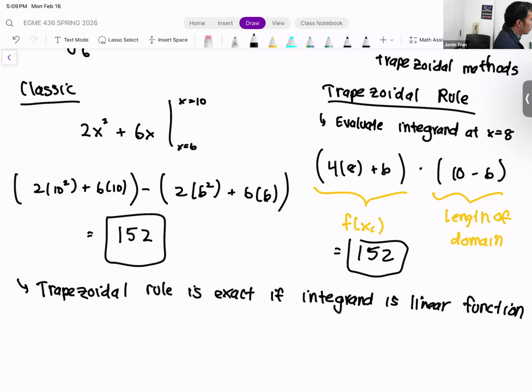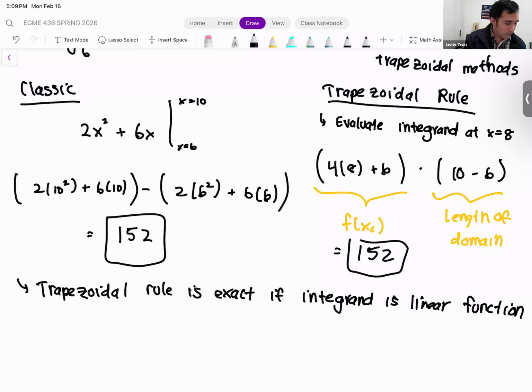The trapezoidal rule will still work, though. Even if you have a quadratic function, a cubic function, a sinusoid, or an exponential function, it will still give you an answer. It just may not be exact or as close if your integrand is something other than a linear function. There are higher order integration rules out there. The trapezoidal rule just happens to be the most simple, but for our purposes it is sufficient.